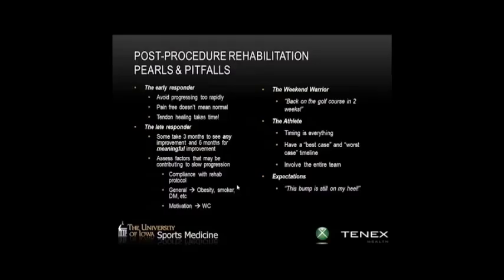I talk best case scenario with them, telling them how much faster their recovery is going to be than a traditional surgery, but I also say, this healing does take time, and it might be 3 months, and I let them know that on the front end, and that's been helpful for me. Also let the coach and the trainer and everybody else know that on the front end, and that'll save you a lot of time. And then if they can move along faster and progress more rapidly, then great, everybody's happy about it. But if you tell someone they're back in 2 weeks and it's 3 months, no one's going to be happy about that.